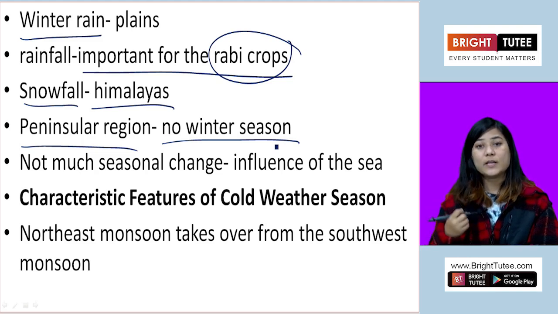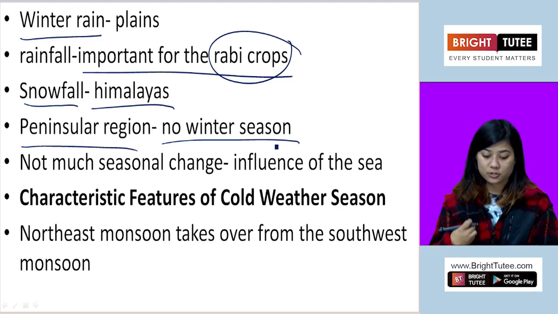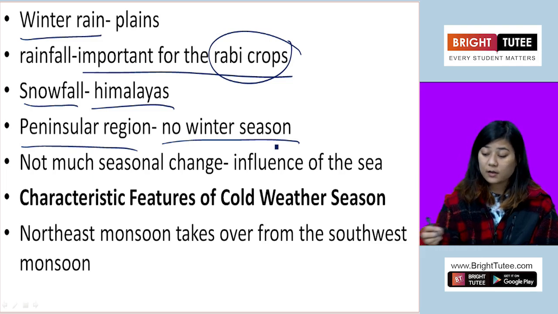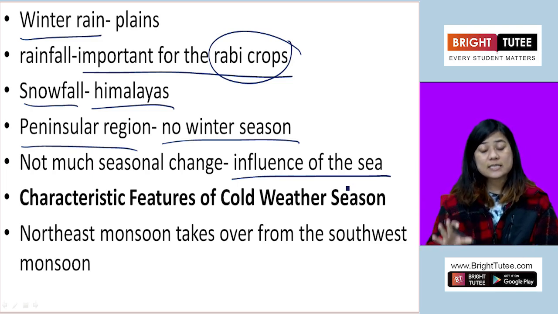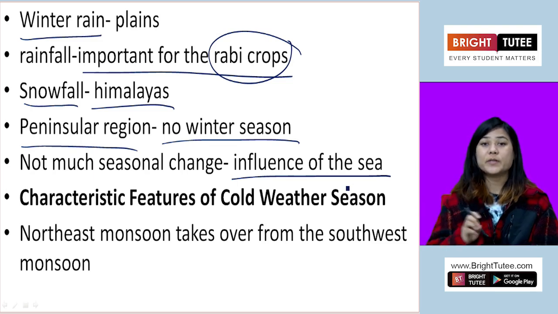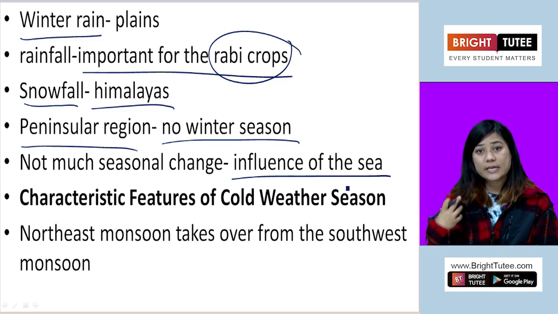The fall in temperature is not as much because of the influence of the sea and the water body that surrounds it. So this is how the winter season is caused in India.